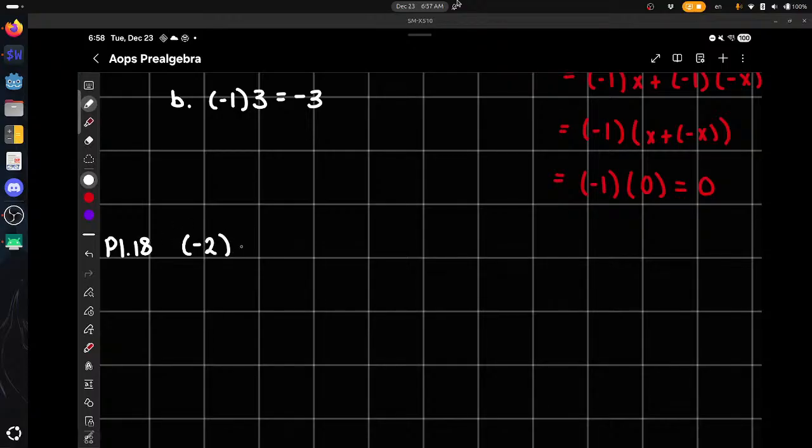Explain why negation 2 times 3 equals this. Let's see.